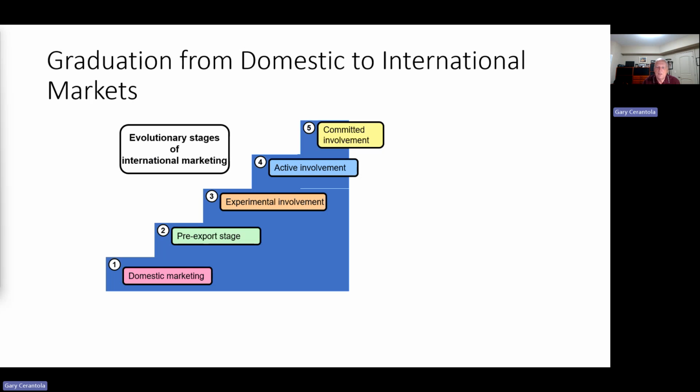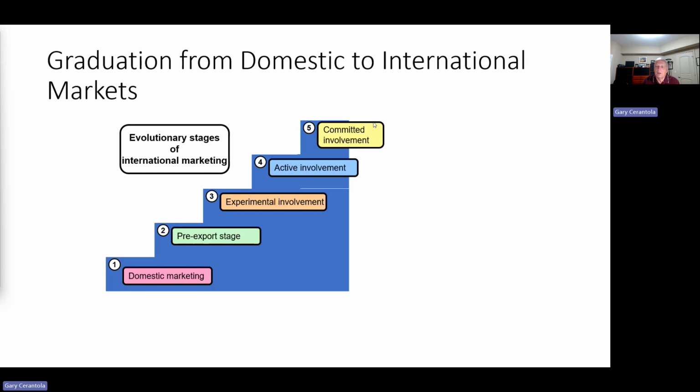Once you understand where the market is and how well your product is being received internationally, you might say, well, we'll start looking at exporting ourselves. This could be gradual, where you're just sending products from your home base, or all of a sudden, in terms of active involvement, you buy a warehouse in this foreign land and start creating your own means of distribution.